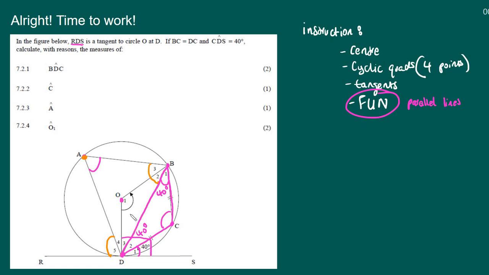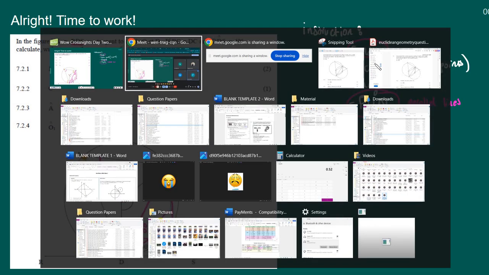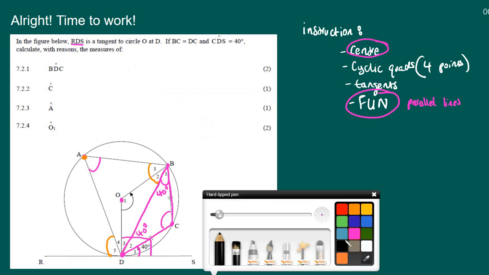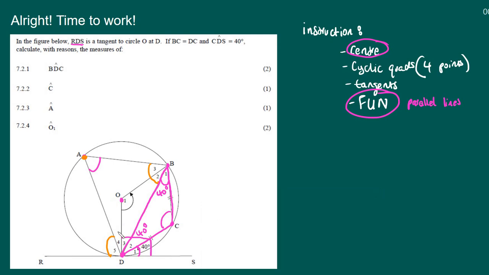By the way, you have a center. They said circle O. That already gives you a center. It means you must also remember theorems related to a center. Those theorems, remember, are only 3. Angle at the center is twice the one at the circumference. Does it apply here?